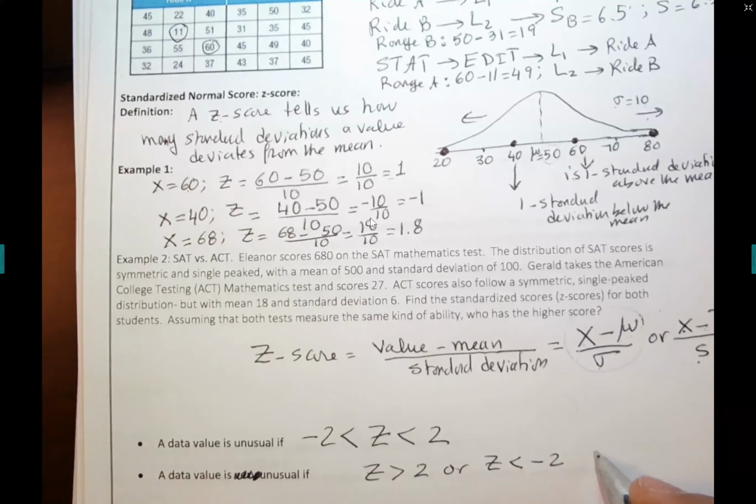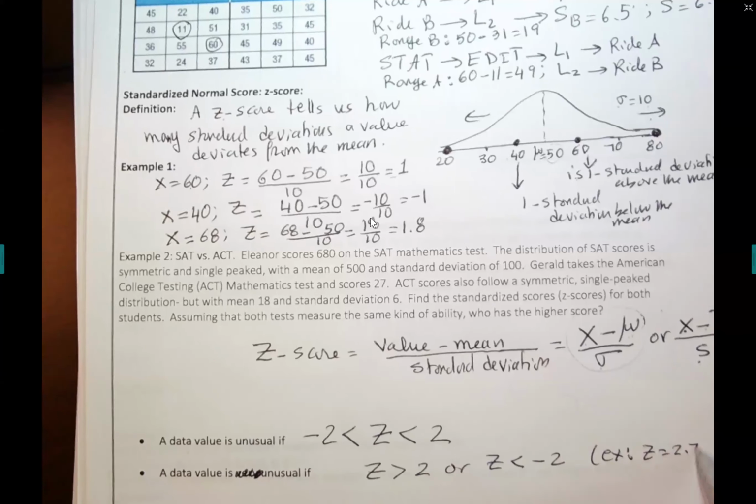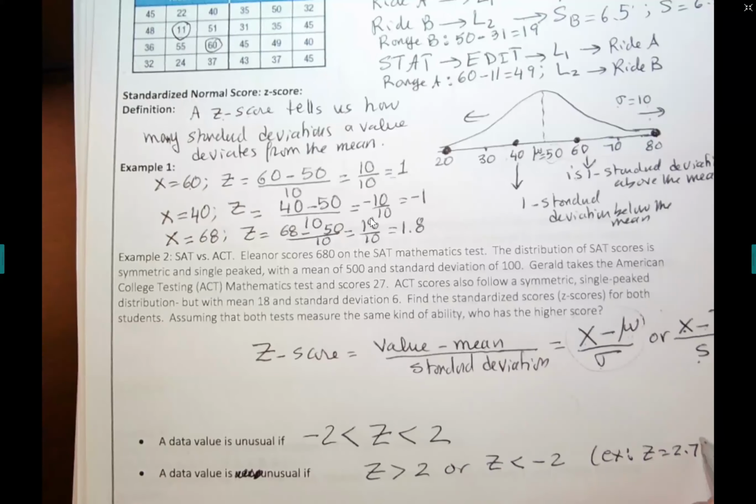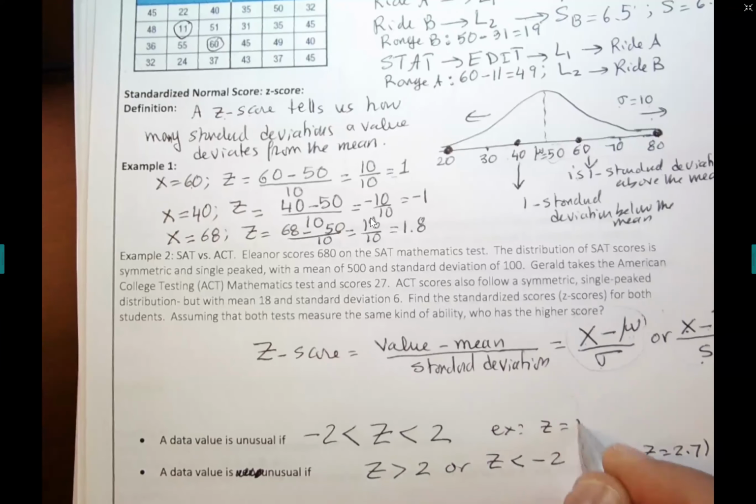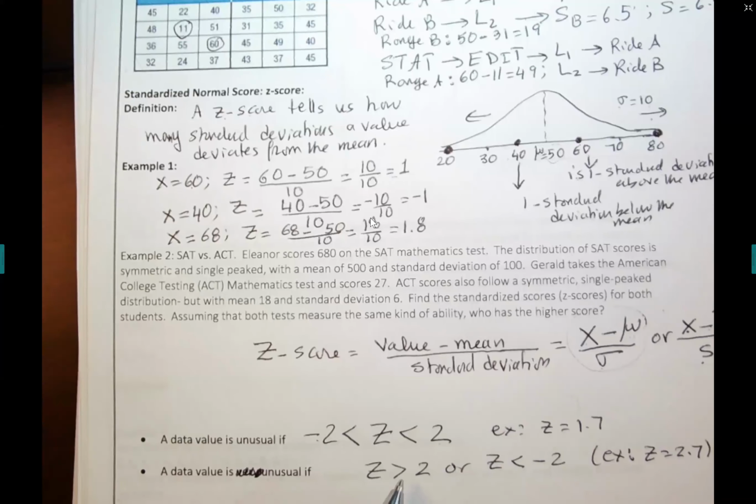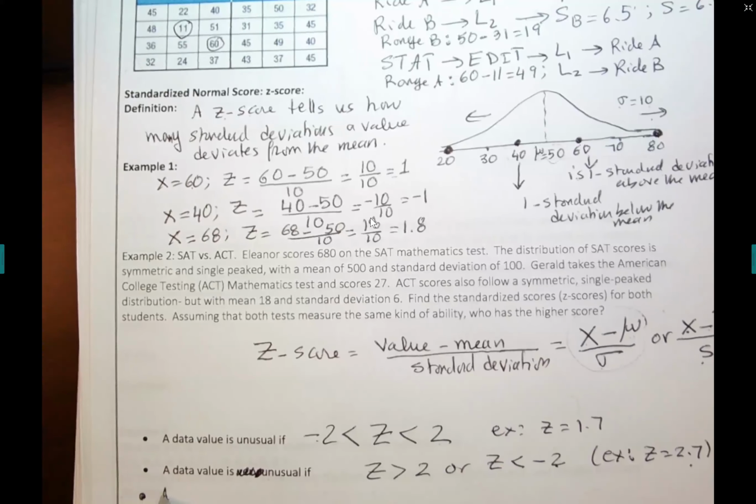So examples, guys. Z equals 2.7. That's unusual. Here, example, z is 1.7. That is usual. Anything that falls between -2 and 2, guys, is usual. Anything that is bigger than 2 or less than -2 is unusual. Let me tell you what very unusual is.